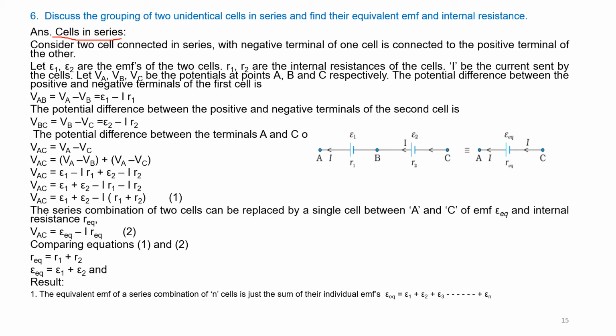The result: the equivalent EMF of a series combination of n cells is just the sum of their individual EMFs. Suppose we have more than two cells, then E equivalent will be E1 plus E2 plus E3 and so on up to En. The equivalent internal resistance of a series combination of n cells is the sum of their internal resistances. That is, for more than two cells, R equivalent is equal to R1 plus R2 plus R3 up to Rn.